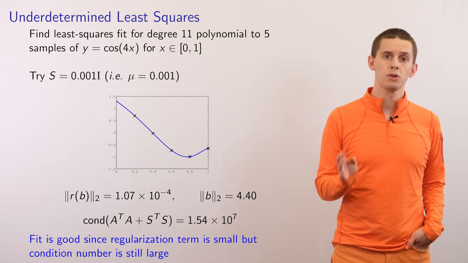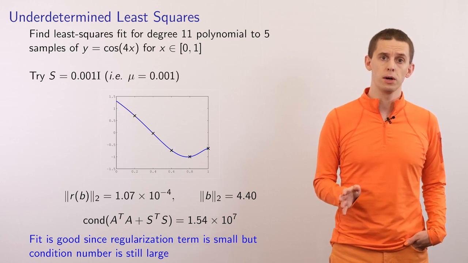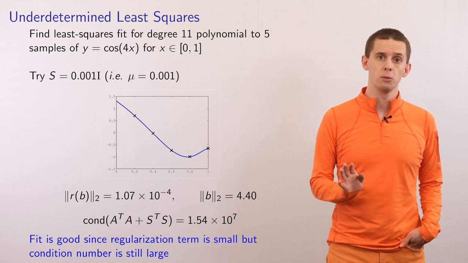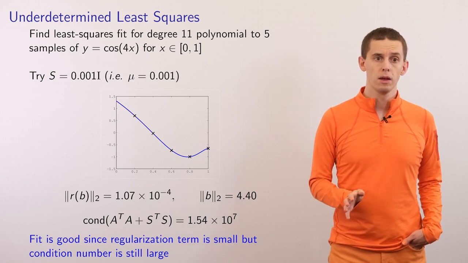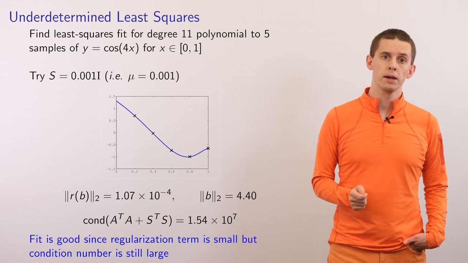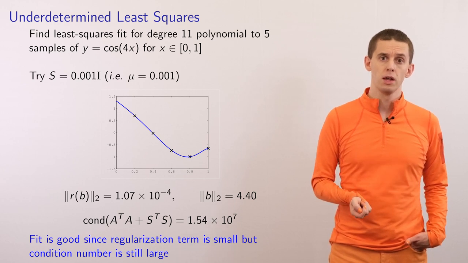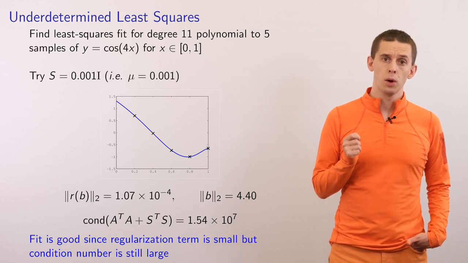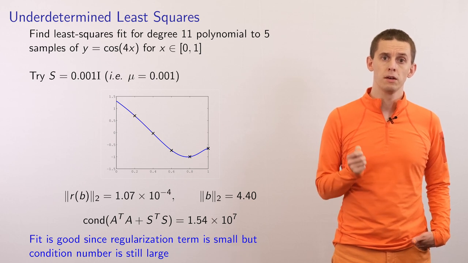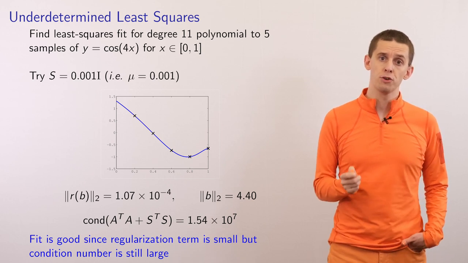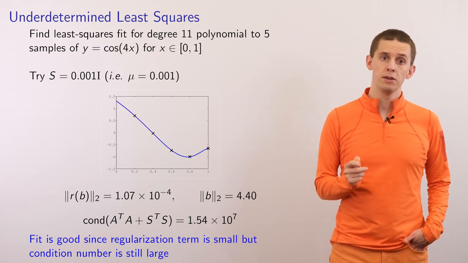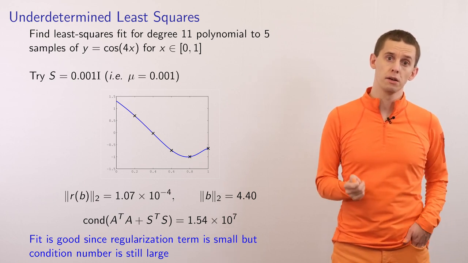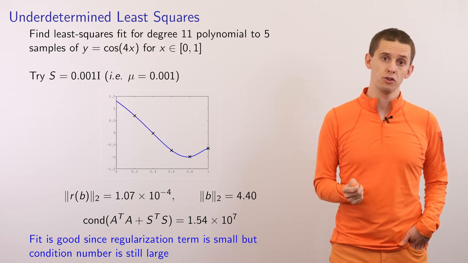Let's recap some of the results of our Python example program. So in the first case here, we're going to look at when S is equal to 0.001 I, and in this case we're only applying a small amount of regularization, and this means that when we solve the problem, the main term coming from A transpose A will be dominant, and that means then that we will be matching the data points preferentially.